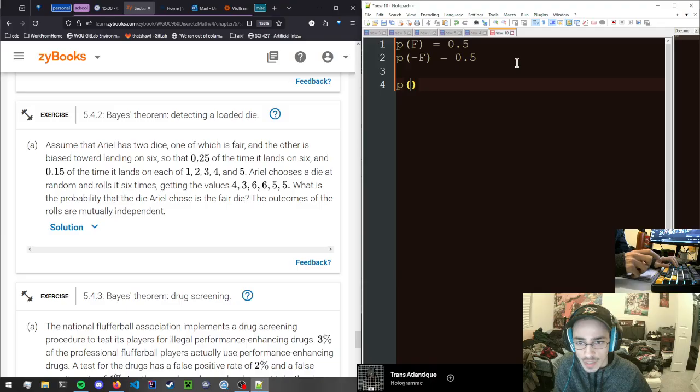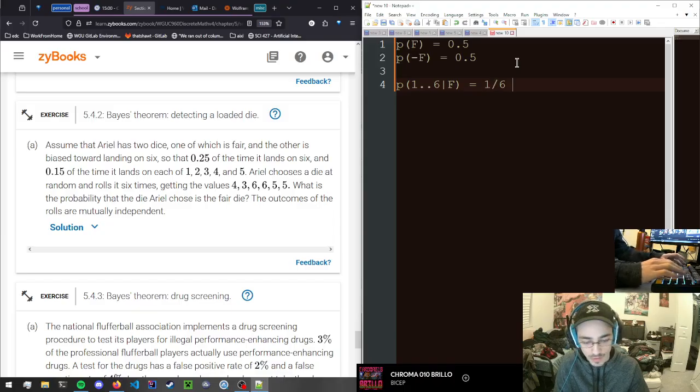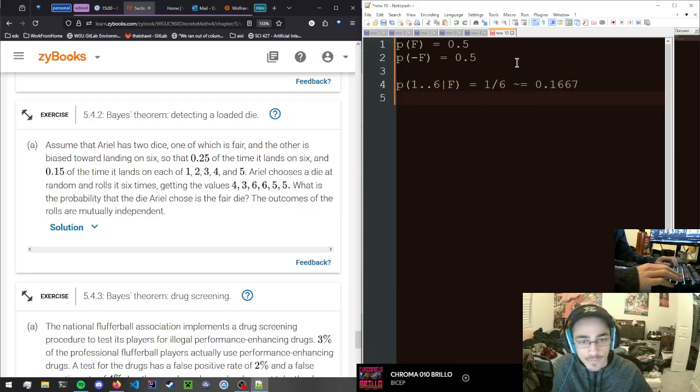So this is about dice. So landing a 1 through 6 with the fair dice is 1 over 6, right? So it's 1 over 6, which is approximately this much. Right, we could put a 7. 0.1667 for approximation purposes.